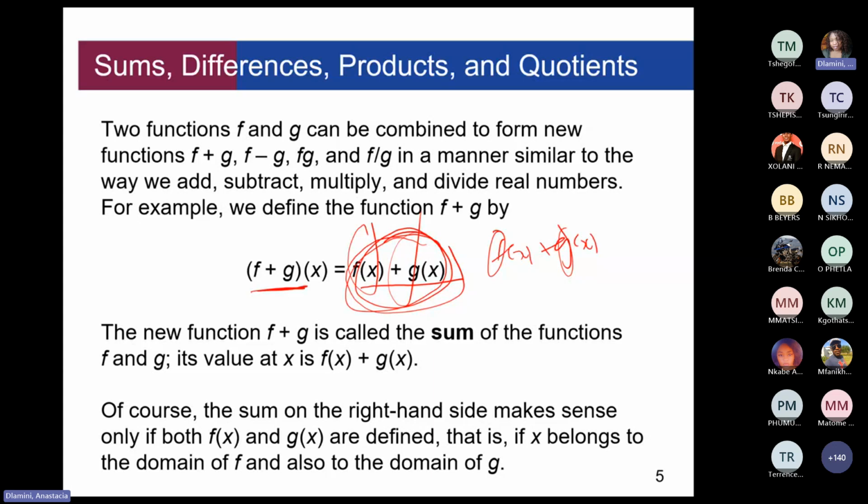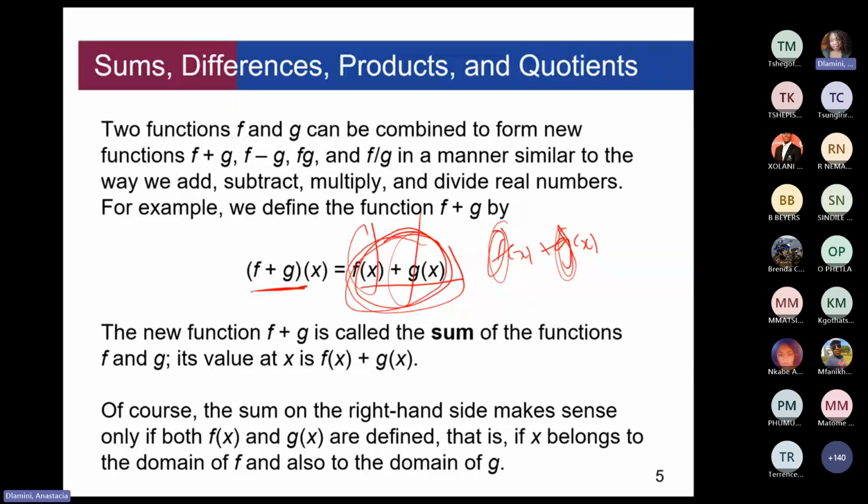If it belongs to the domain of f but doesn't belong to the domain of g, then f of x plus g of x is not defined. So x has to be in the domain of f as well as in the domain of g. Makes sense?